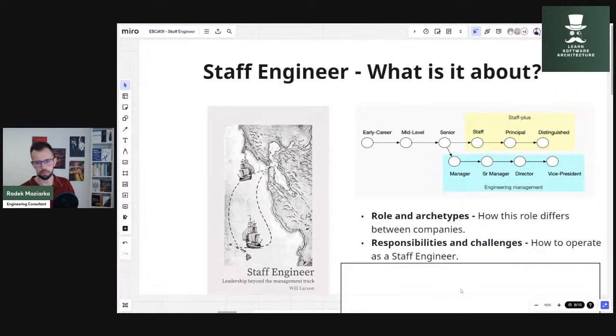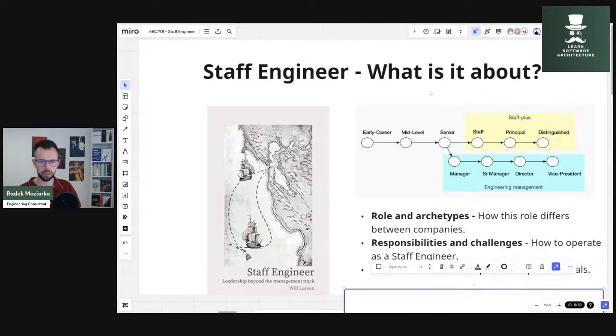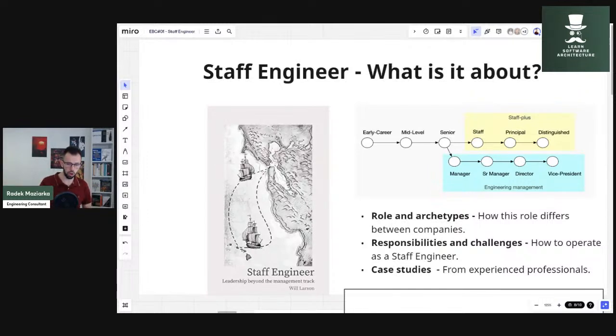Then there is a part about responsibilities and challenges: how to operate as a staff engineer, what the different challenges are, both from a technical and an organizational perspective, how to tackle them, and where to find help. At the end, there are a lot of interesting case studies from experienced professionals across the globe, from Digg, from Stripe, from Dropbox. Very valuable insights from professionals.